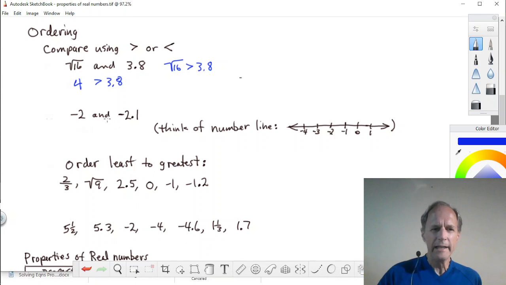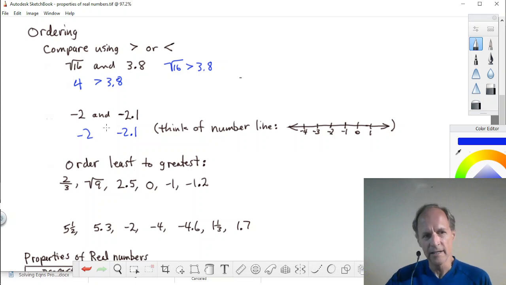Okay, so what about -2 and -2.1? This is important to realize. -2, -2.1. What's the symbol that goes in there? It's not equal, obviously. Is it greater than or is it less than?